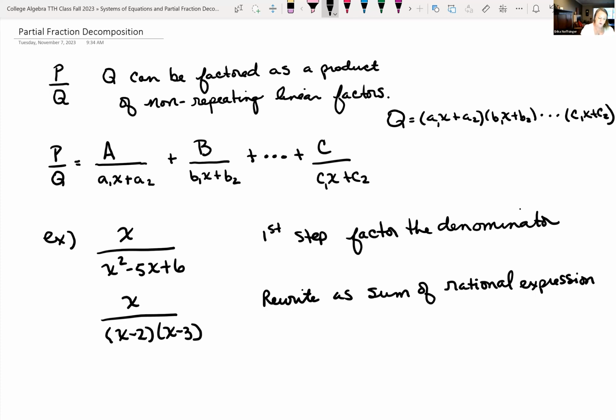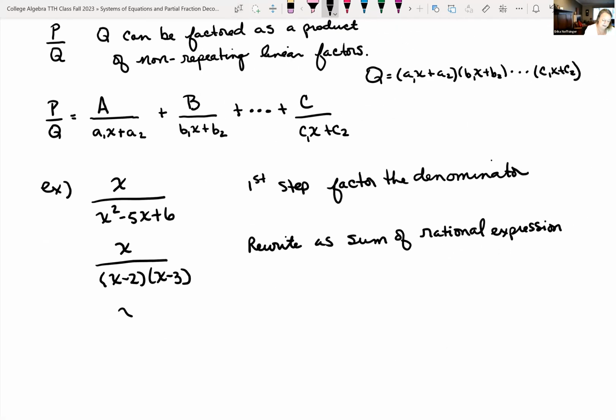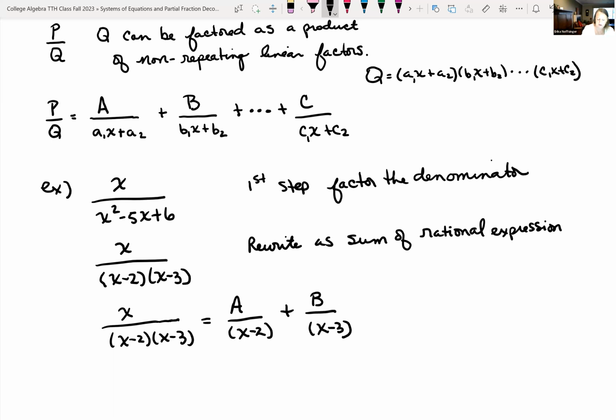What we have is x all over x minus 2, x minus 3. Both of these are linear factors and they're not repeating. So capital A all over x minus 2, plus capital B all over the next factor, which in this case is x minus 3.